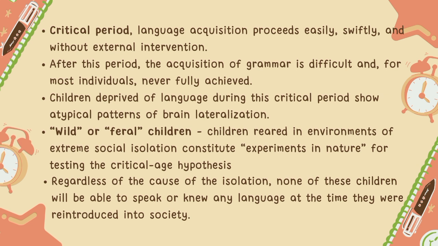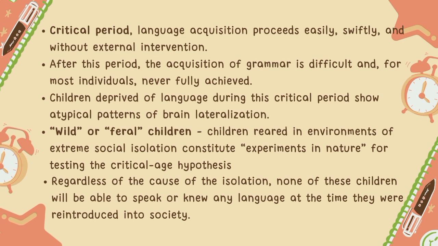The brain is highly receptive to linguistic input during this time. After this critical period, learning the grammar of a new language becomes much more difficult. Most people never fully master a new language's grammar if they start learning it after this period.